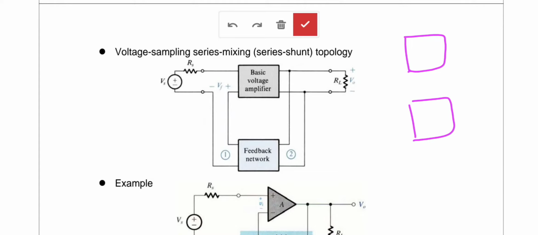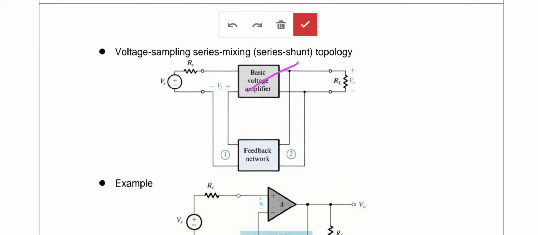The input and output both are voltage parameters. Voltage at the input means series connection. Voltage at the output means shunt connection. Shunt means parallel. So you can see here we have a series connection, and here we have parallel connection.